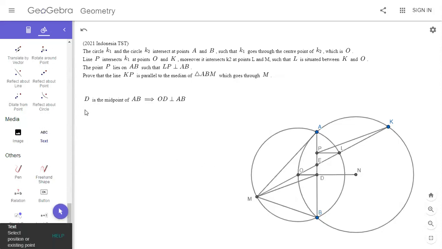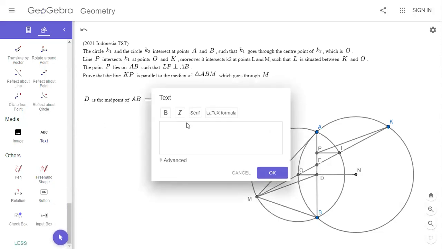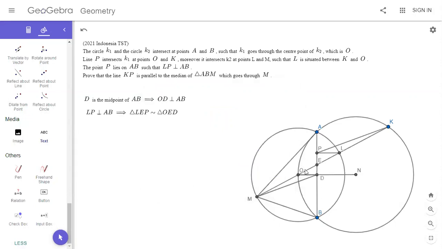And then from there, since LP is perpendicular to AB, we have similar triangles. So that means OE over OD is LE over EP.